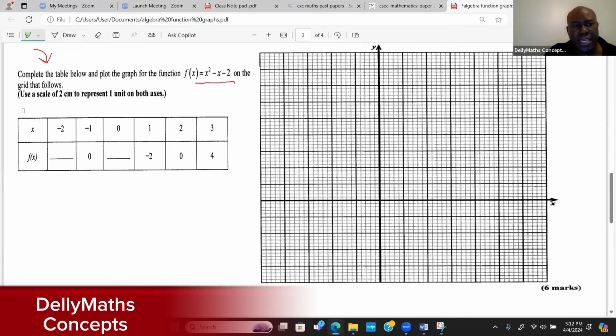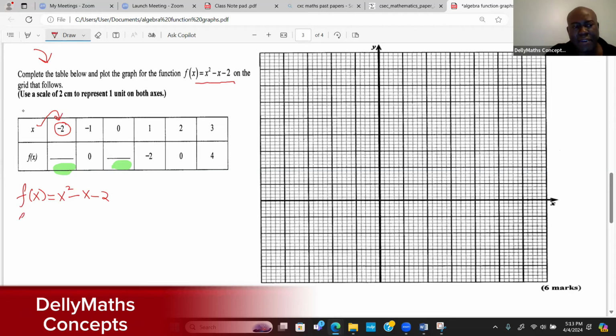What it means here is that I need to find the missing value there and the missing value here. So let's take a look. This is the function. It says f of x is equal to x squared minus x, then minus 2. What I'm going to do is insert negative 2, which is my x value, in the f function.